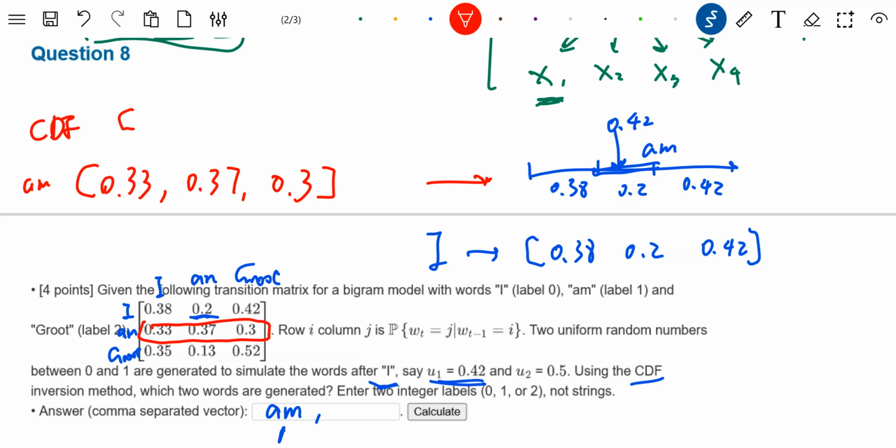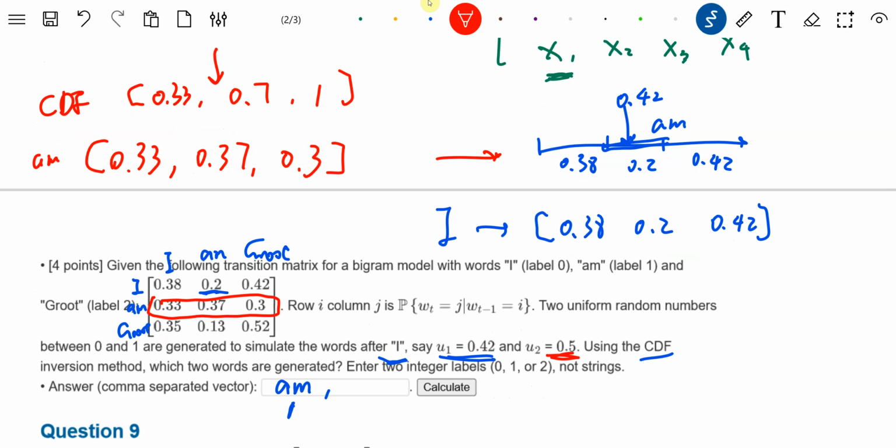The CDF is just the cumulative sum of these numbers: 0.33, 0.7, and 1. We're at 0.5, so 0.5 is somewhere in between here, so you can invert this and get the index, which is 1. So the next one is still an M, and you can enter label 1 for M.